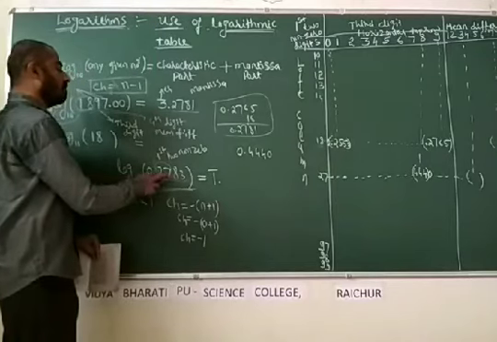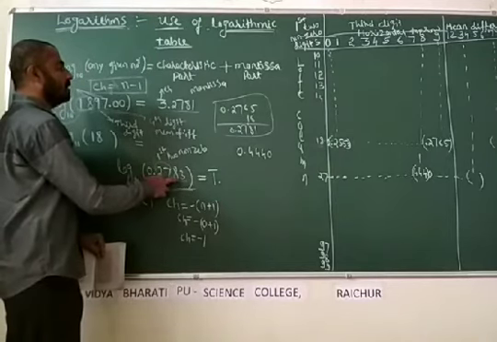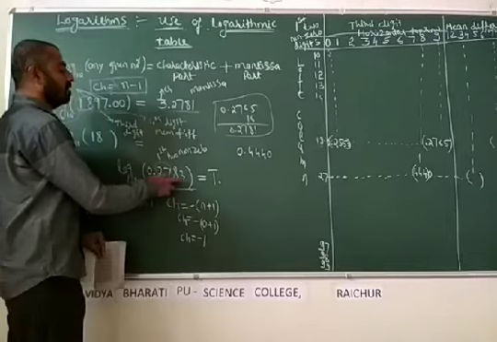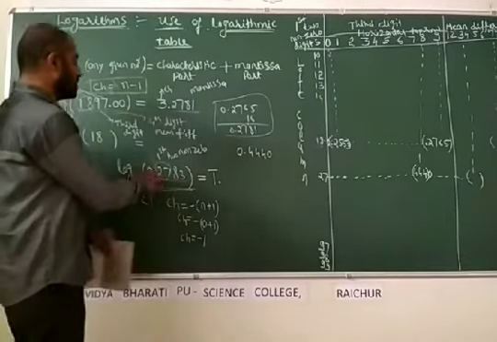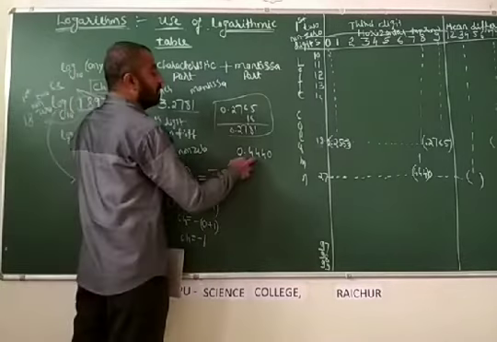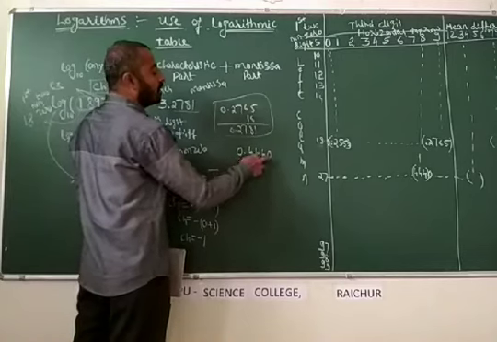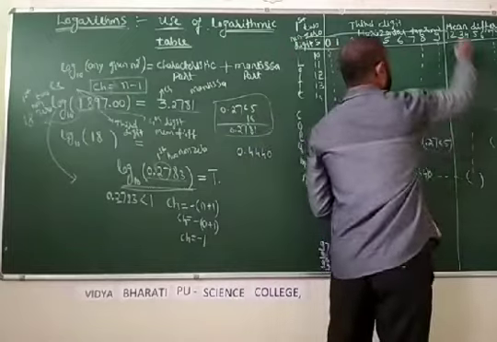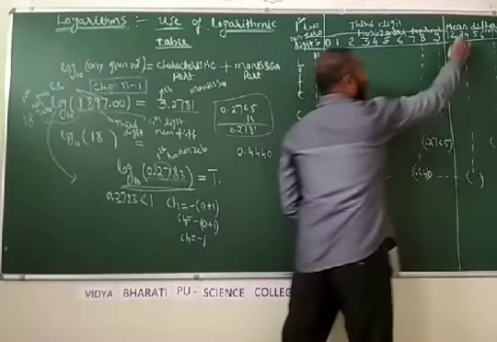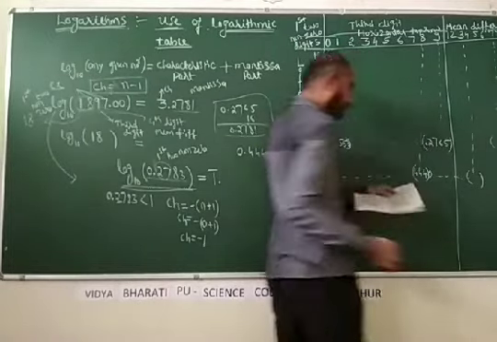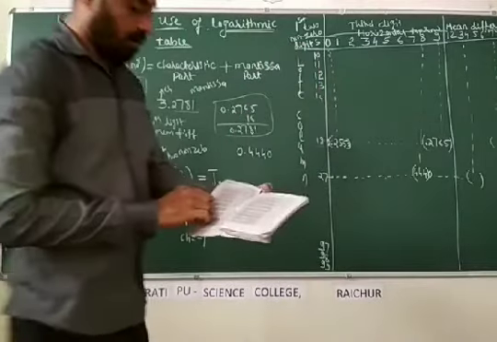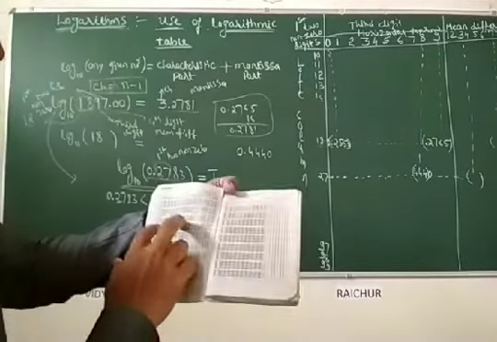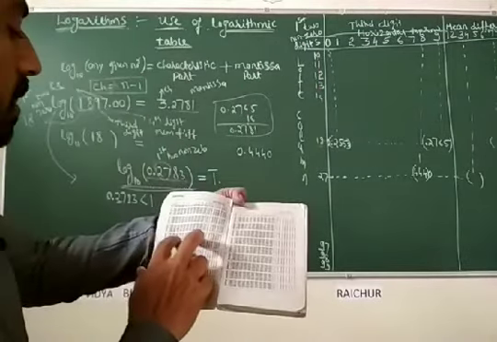27 in the left column, third digit in the top row, 27 under 8. Mean difference 3. 27 under 8, I have got 0.4440. To this, add the mean difference value also. 27 under 3, the mean difference value is 5.